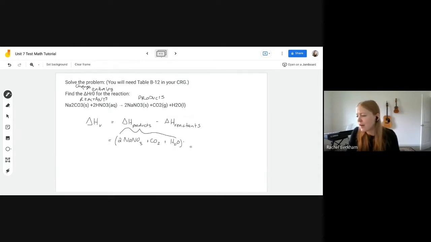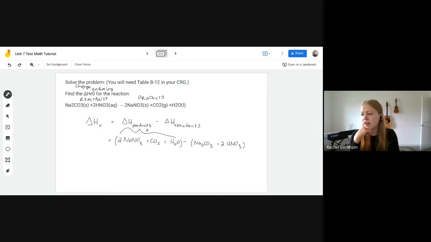Minus my reactants, that's the Na2CO3 plus 2 times HNO3. Basically you sum up your products, put them in parentheses, subtract, and then sum up your reactants. And remember that if there is a big number in front of your chemical, you need to multiply by that number. So 2 times NaNO3 or 2 times HNO3.